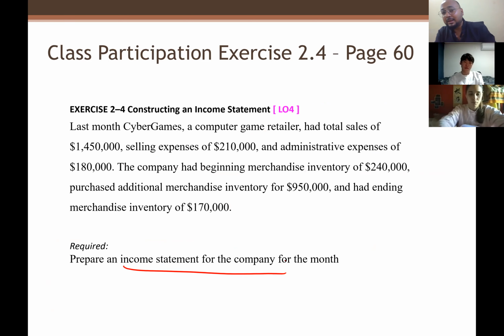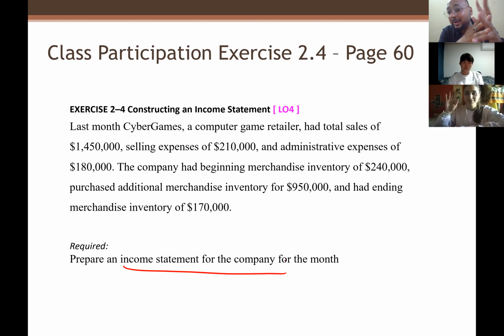In this exercise, we don't have any fixed cost or variable cost, so we will make our income statement based on the traditional format. Traditional format: sales minus cost of goods sold is equal to gross profit, minus selling and admin, and the answer.